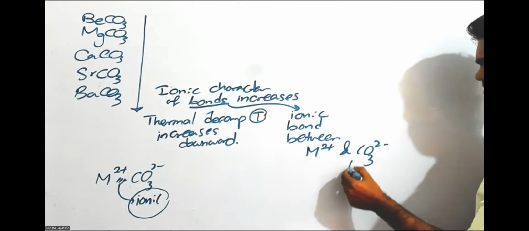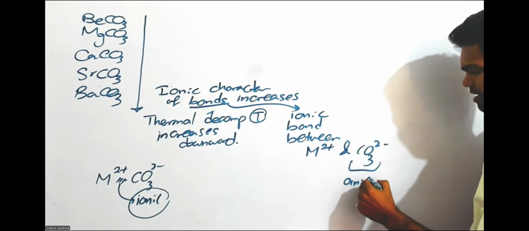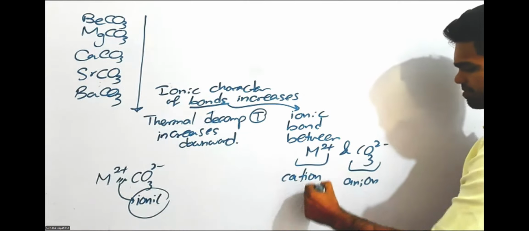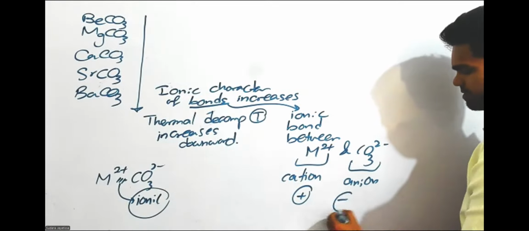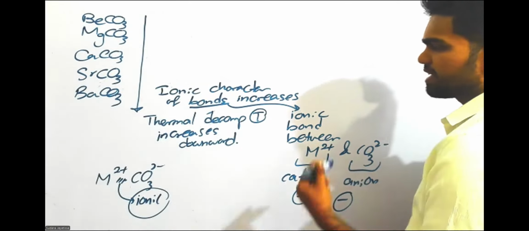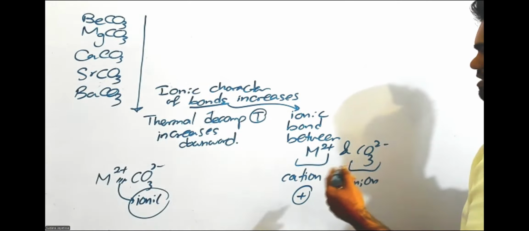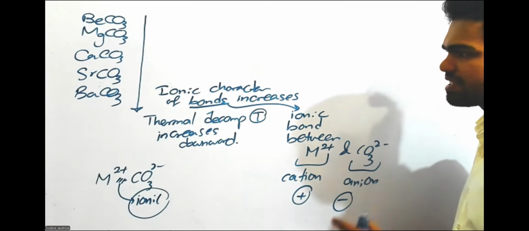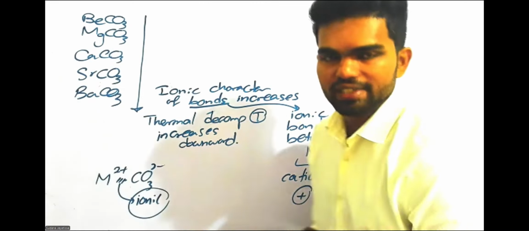Carbonate is an anion, the metal ion is our cation. Positive, negative, electrostatic attraction. So this is becoming stronger. Now you go to polarization power and polarizability explanations.